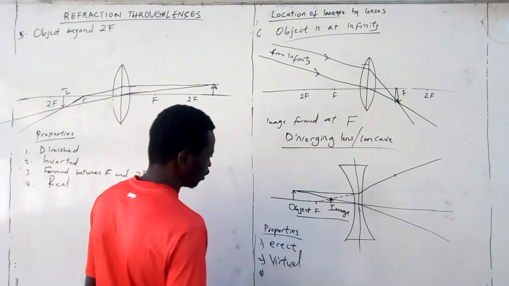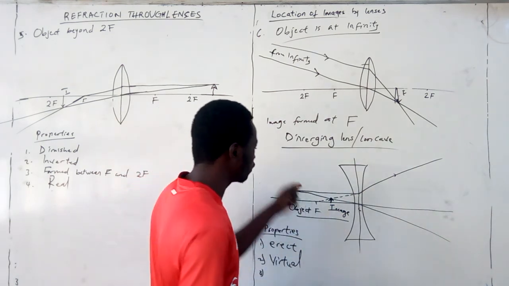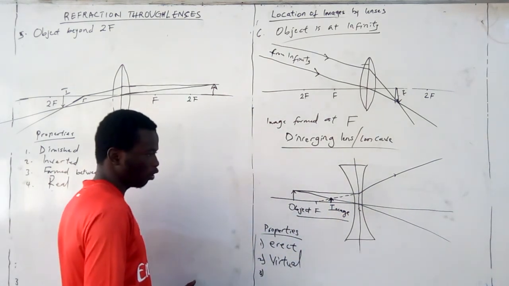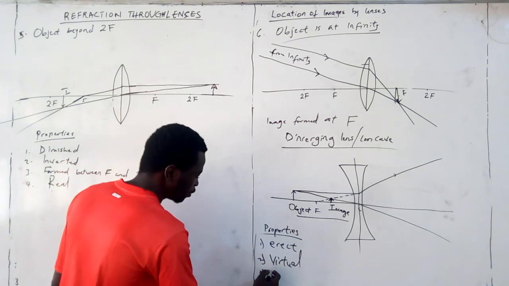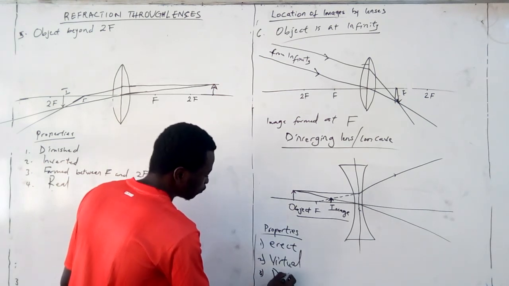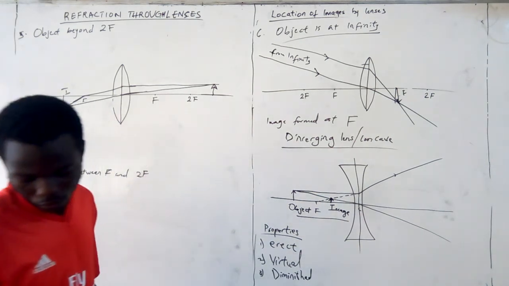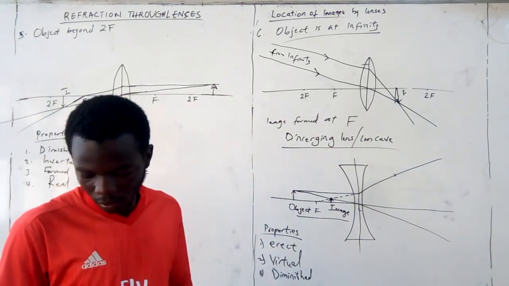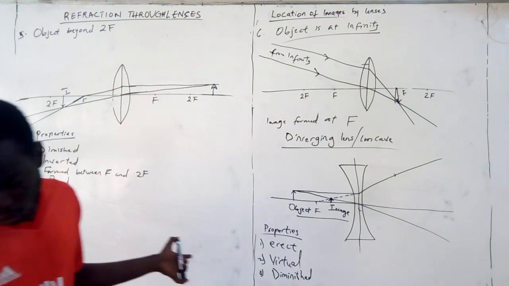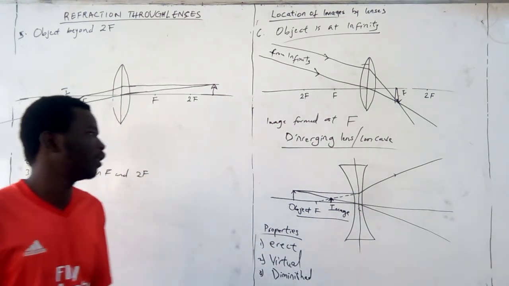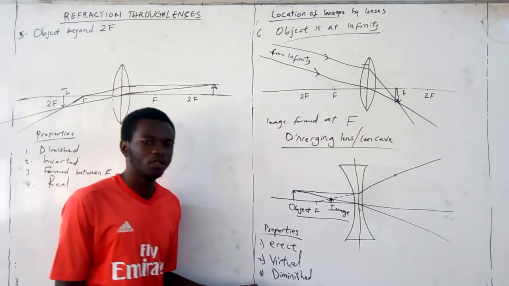Then the image produced is smaller than the object, so we say it is diminished. So those are the properties of the image formed by a diverging lens.